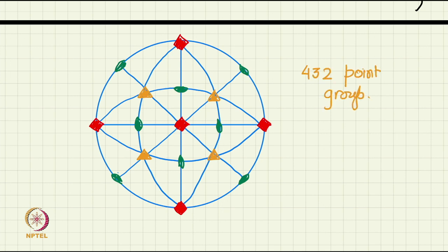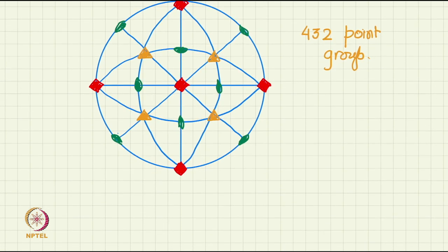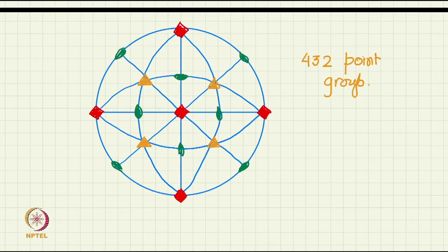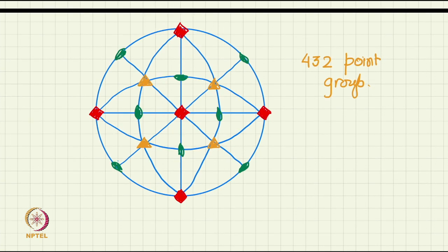So, this completes the development of 11 proper rotational groups. So, we have started on the long journey of developing 32 crystallographic point groups. So, we have now covered about 1/3 of the journey. Out of 32, we have developed 11 point groups, which involve only proper rotations and have no mirror planes or center of inversions.